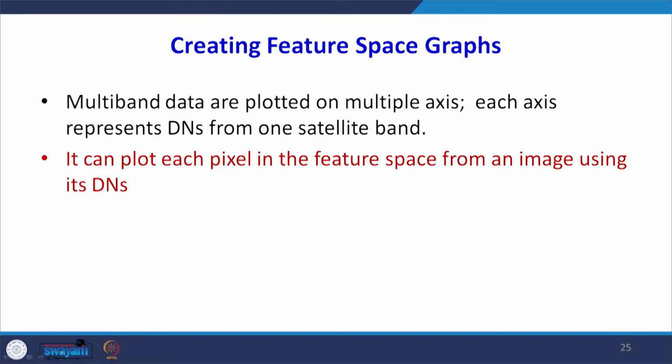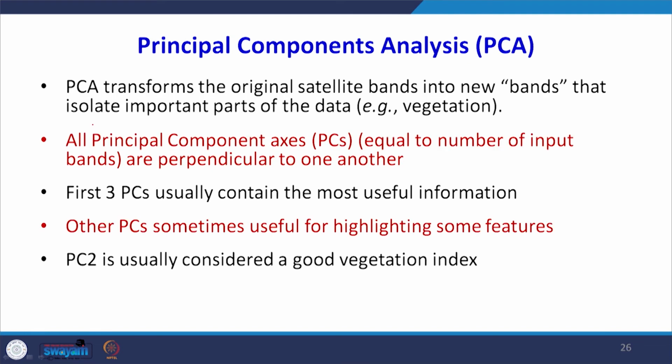So if I plot the multi-band data on each axis, take the DN values from this data, and use some transformation equations, I calculate the coefficients of that transformation equation and use those coefficients to create the new values. The new output image will be PC1, PC2, PC3, PC4.